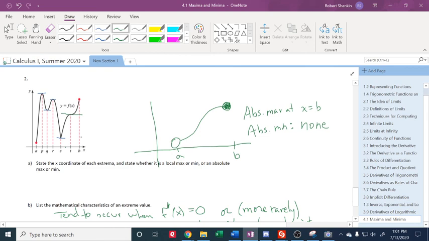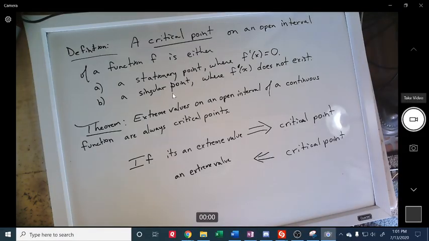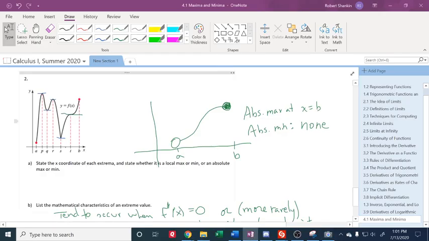The tangent line is horizontal at that point. So, if we go to here, is it a critical point? Yes, because the derivative is equal to 0. If it's a critical point, does it necessarily mean that that's an extreme value? Well, that's not the highest point in any region, nor is it the lowest point in any region.